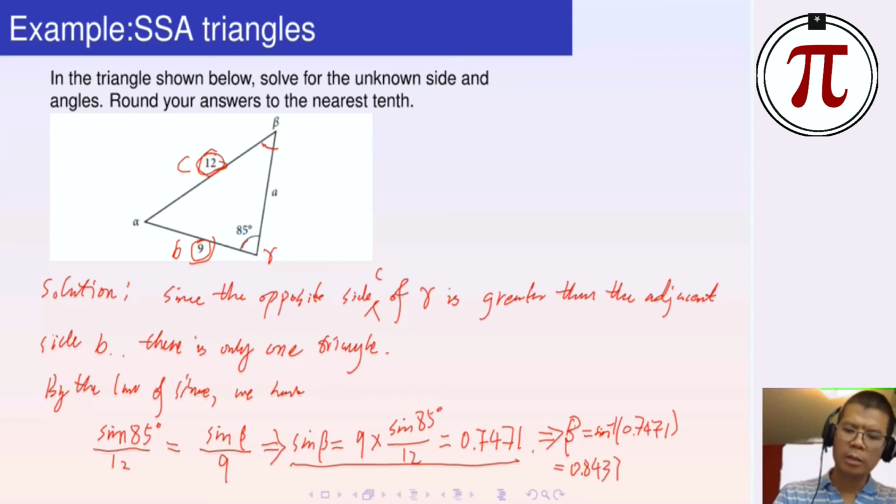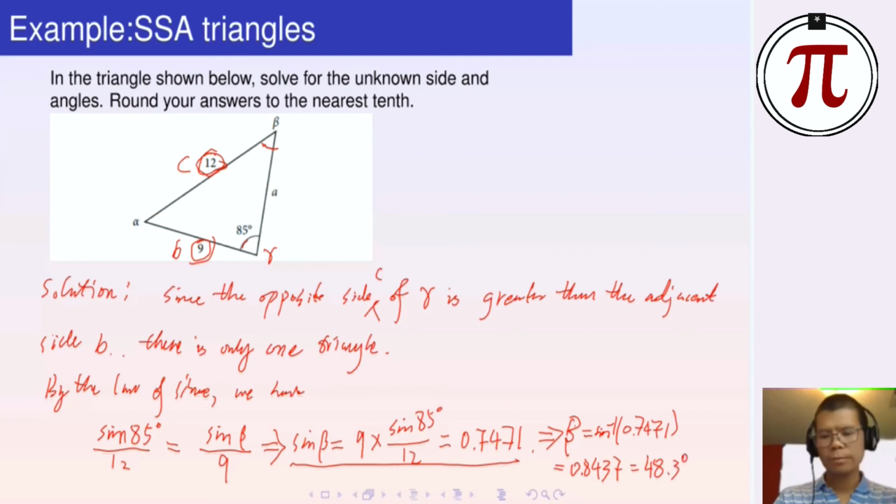But this is in radians, and it can be converted to degrees by dividing by pi and then times 180, like what we did before. So what do you get? 48.3.